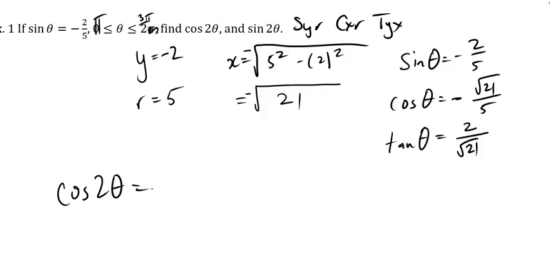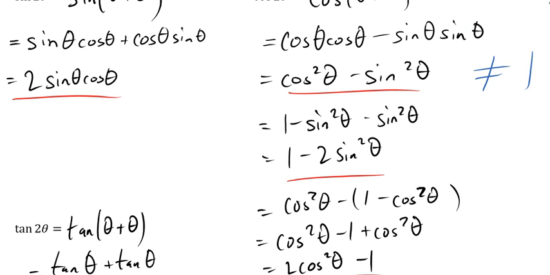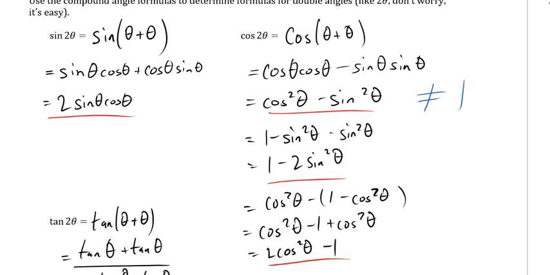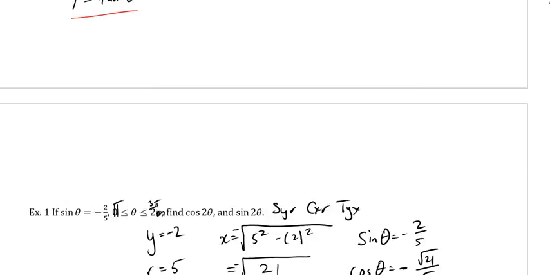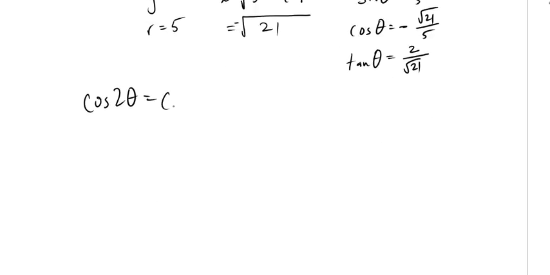So let's find cos 2 theta. We got three possible formulas for cos 2 theta. Which one would we use? I don't think it matters much in this case. I'm going to use the first one: cos squared theta minus sine squared theta.